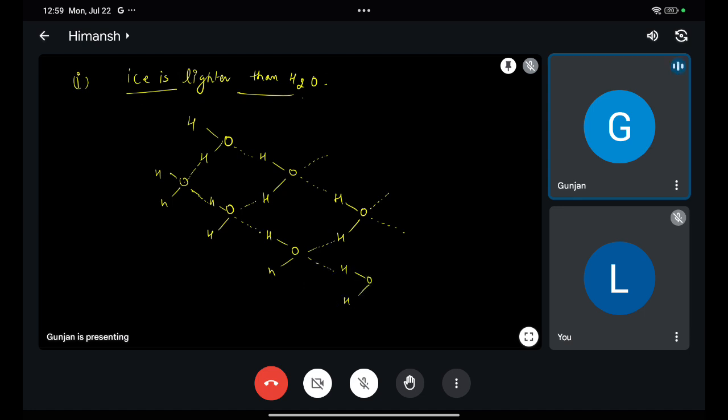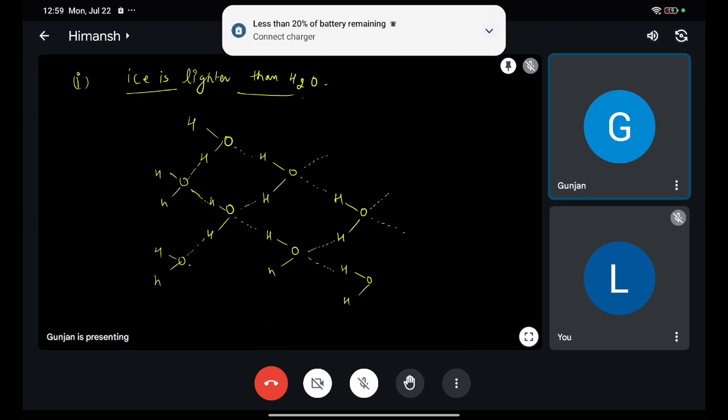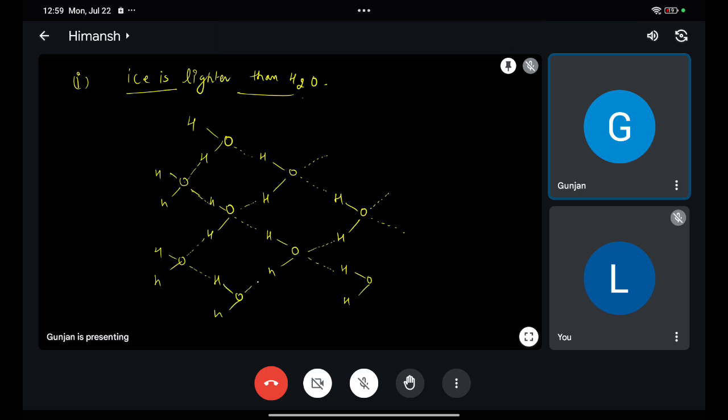I hope you are getting it or no? So kind of a cage-like structure you can see of it.